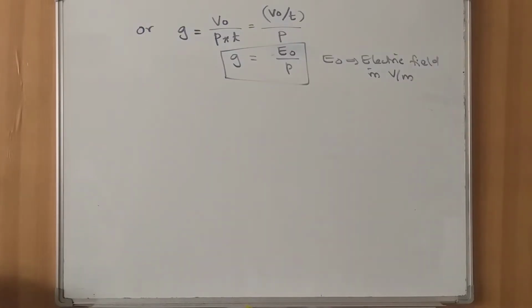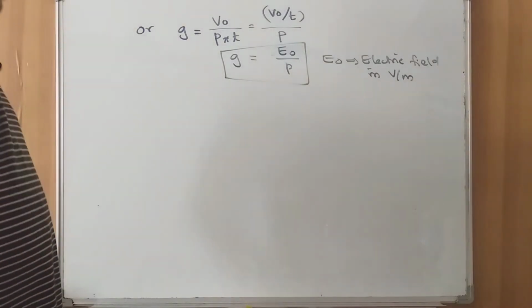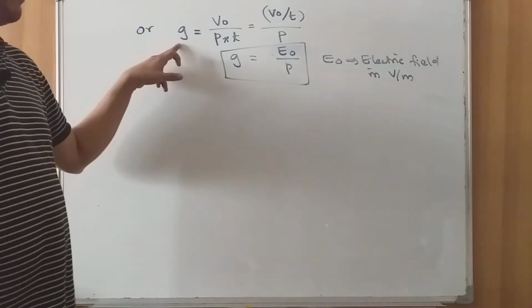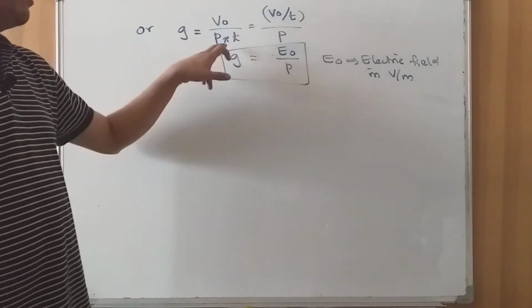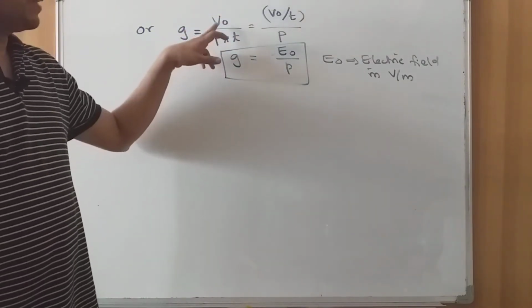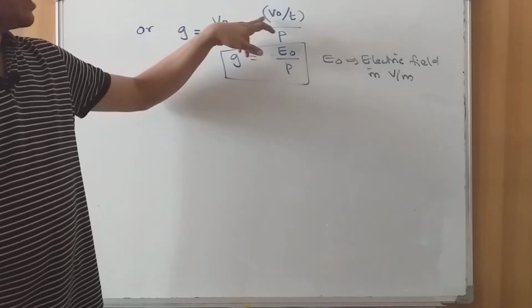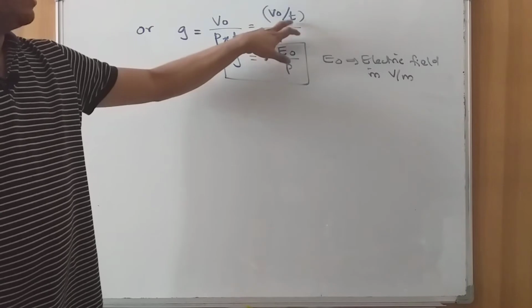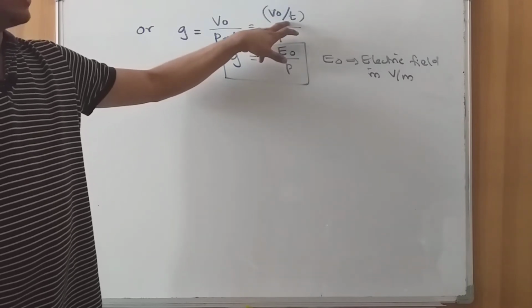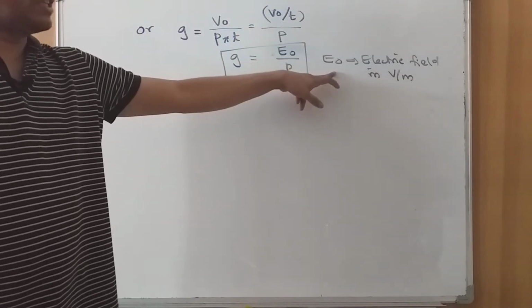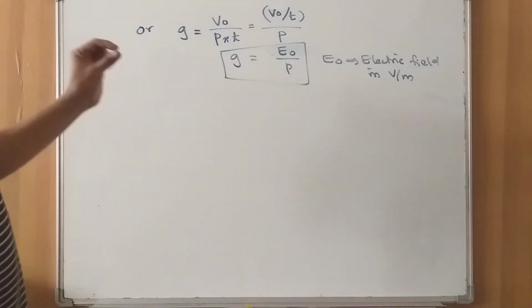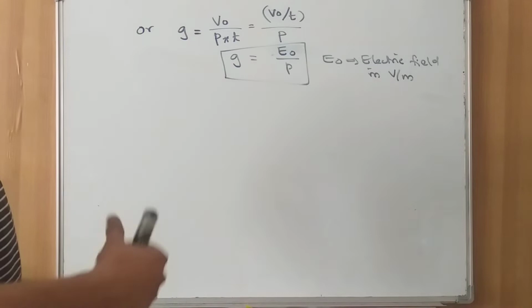Now, the voltage sensitivity can be calculated separately. For example, if you are finding the value of G from the previous equation, G equals V0 divided by P times T. If you rearrange the equation, V0 divided by T, divided by P. V0 divided by T means voltage divided by distance, which is nothing but the electric field. The electric field is the field produced by a plate.